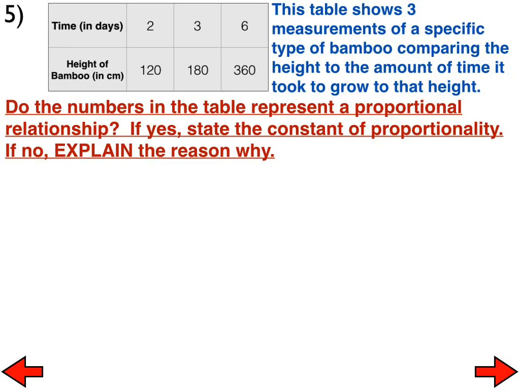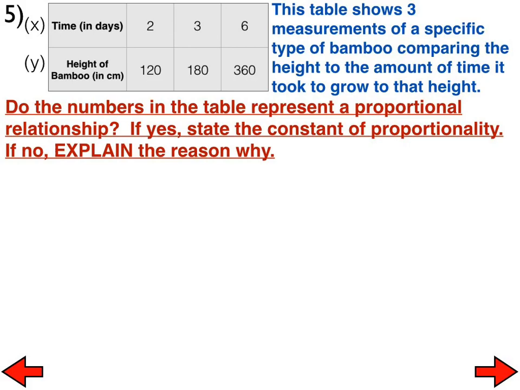So now let's go to number 5. Now we're extending it out. We have another problem where we are comparing two things. We're comparing the height of a bamboo in a specific number of days. This table shows 3 measurements of a specific type of bamboo, comparing the height to the amount of time it took to grow to that height. Two questions. I'm going to ask you the same question I asked you in 1 through 4.